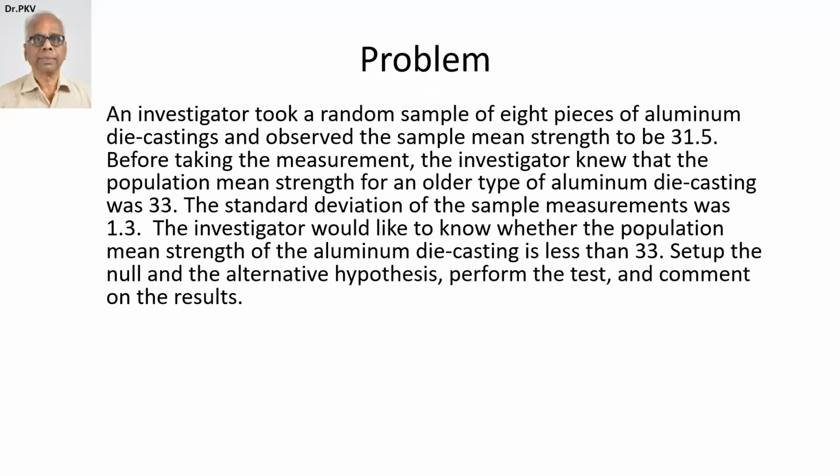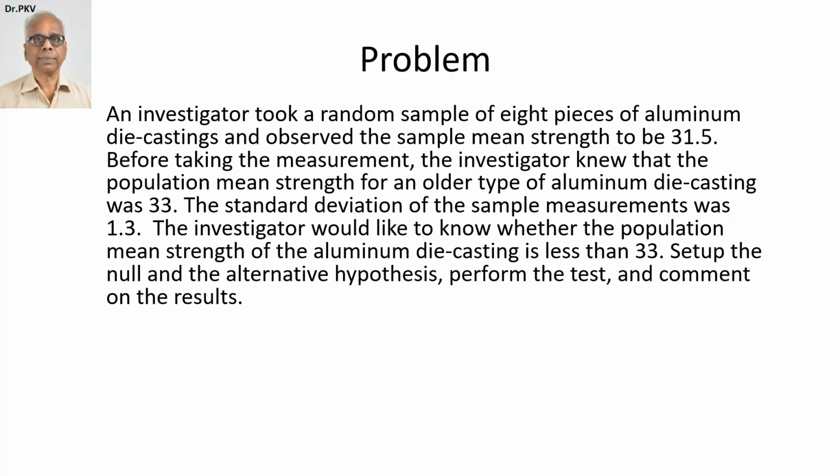An investigator took a random sample of 8 pieces of aluminum die castings and observed the sample mean strength to be 31.5. Before taking the measurement, the investigator knew that the population mean strength for an older type of aluminum die casting was 33.